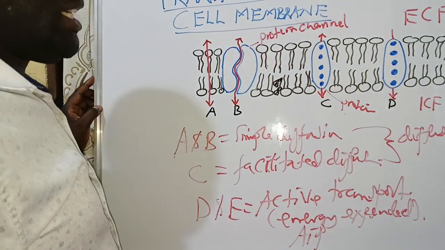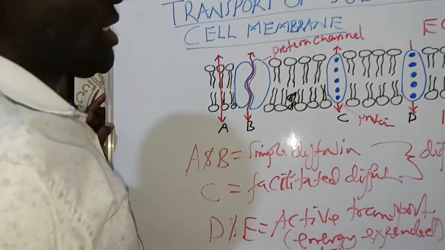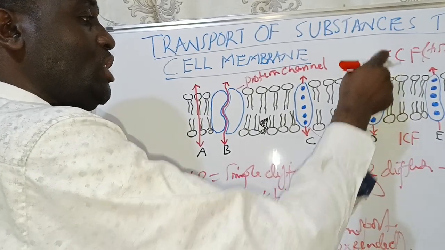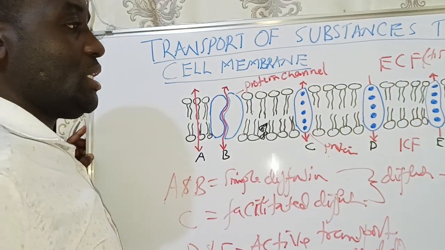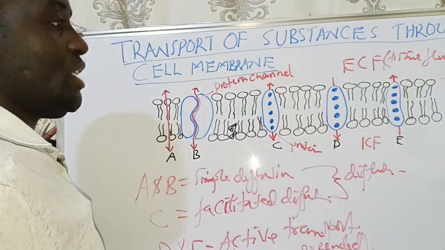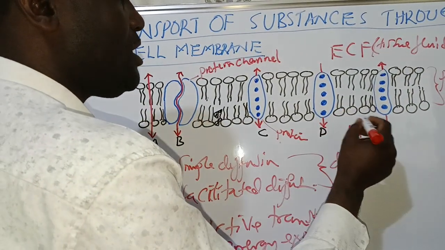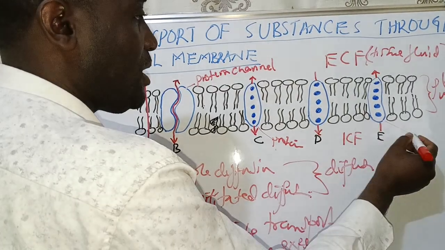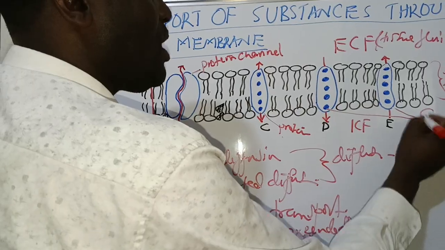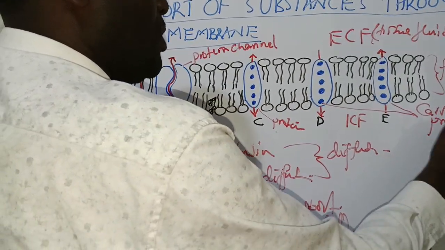I want you to note that it is one way. This protein here transports something from the extracellular fluid to the intracellular fluid. This one here from the intracellular fluid to the extracellular fluid. So these two proteins here, we call them carrier proteins.